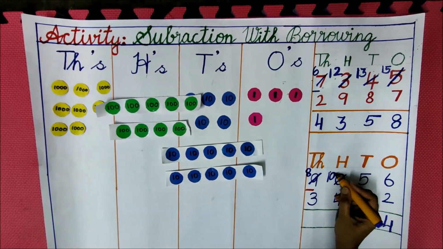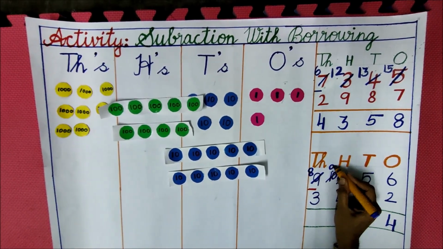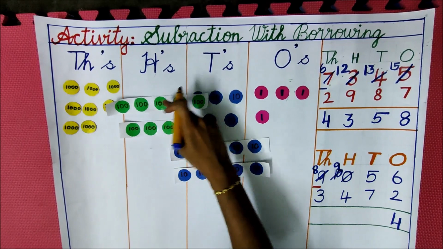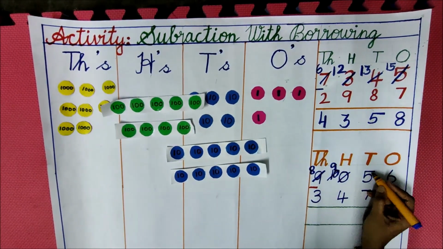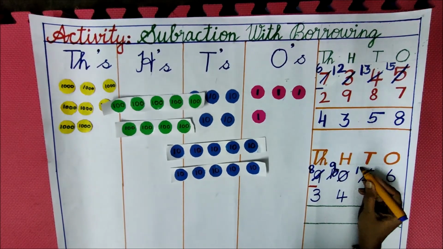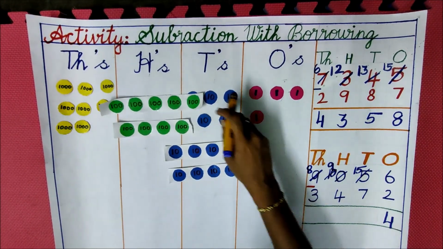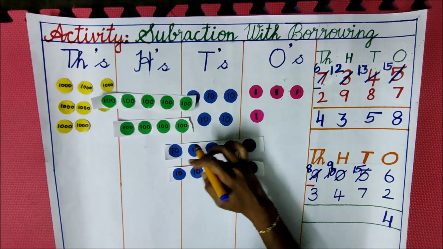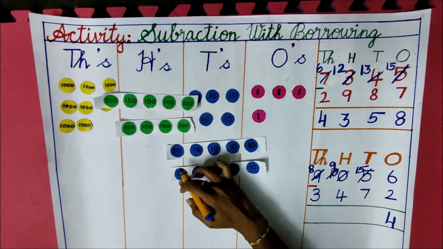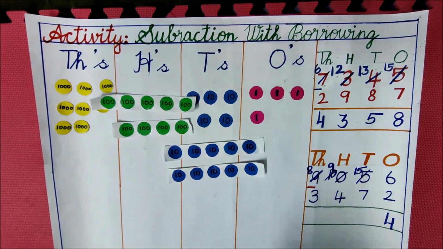So this becomes 9. Okay, here we have 1, 2, 3, 4, 5, 6, 7, 8, 9. Next, this becomes 15. Here we have totally 15, right? 1, 2, 3, 4, 5, 6, 7, 8, 9, 10, 11, 12, 13, 14, 15.